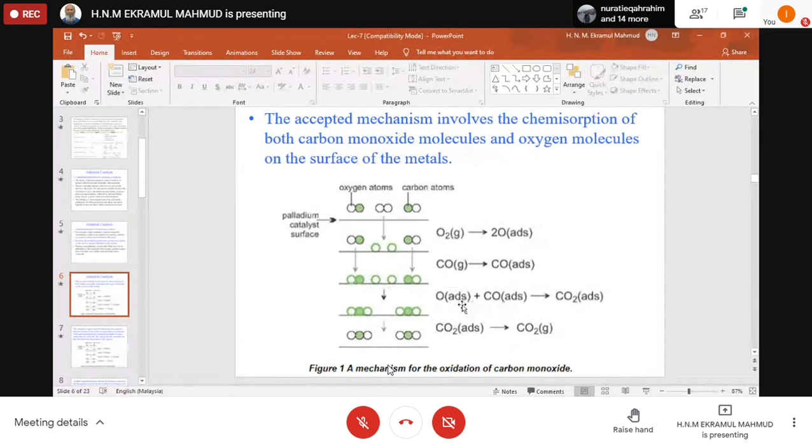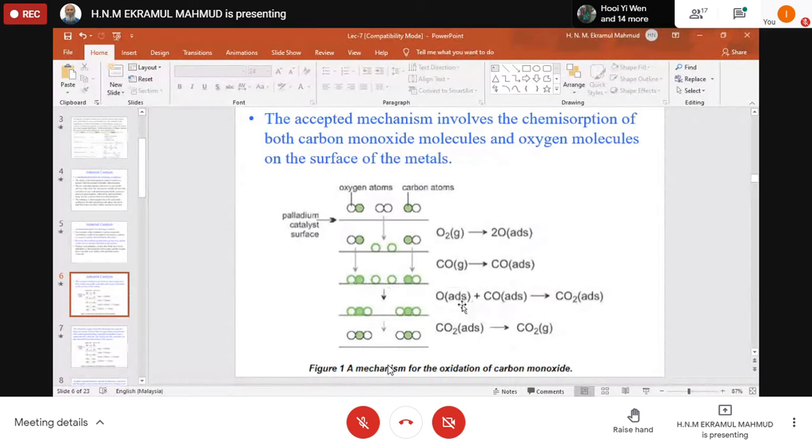So after that, carbon monoxide sits on the top of the surface of the catalyst. Now, you see that the orientation should be that carbon should face this oxygen. Rather, if it is changed, the oxygen will not react.